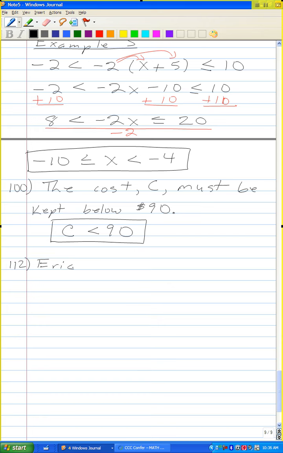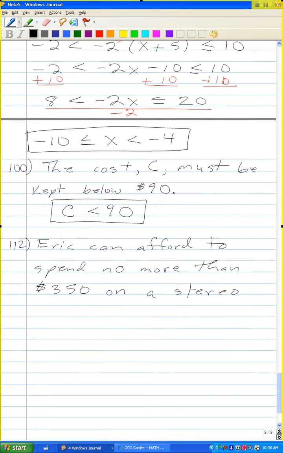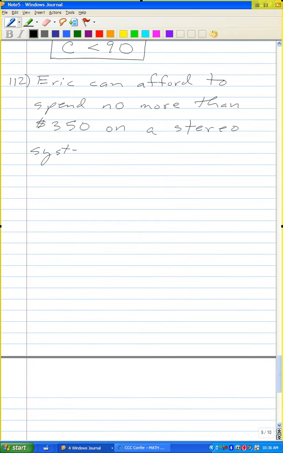Eric can afford to spend no more than $350 on a stereo system and some compact discs.